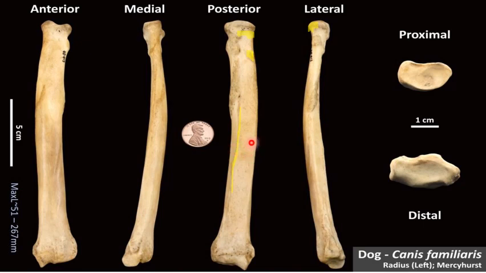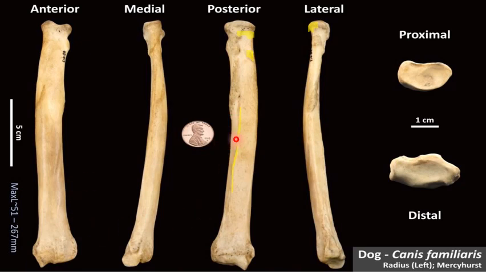This two-third medial part gives attachment to muscles, while this one-third lateral part contains the interosseous ligament, which actually unites the radius with the ulna. So this interosseous border divides the caudal surface into a lateral part and a medial part, where the lateral part contains the interosseous ligament in order to unite the radius with the ulna.